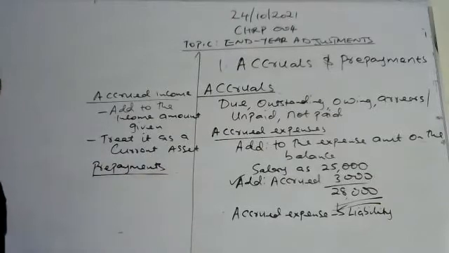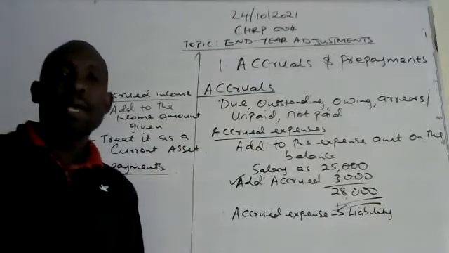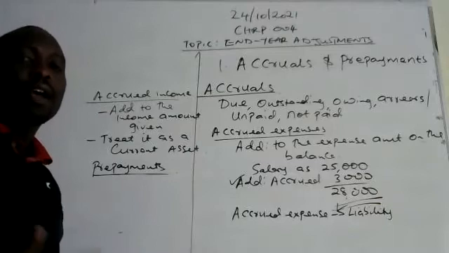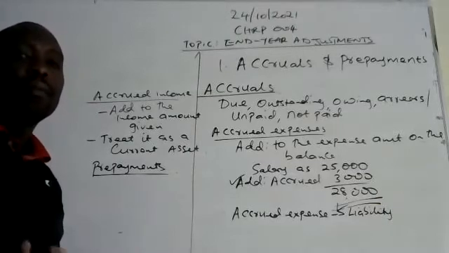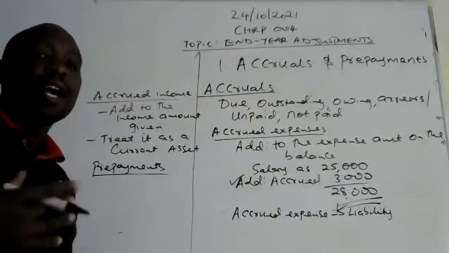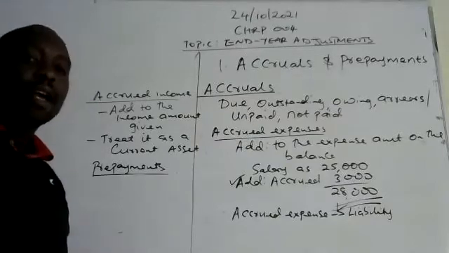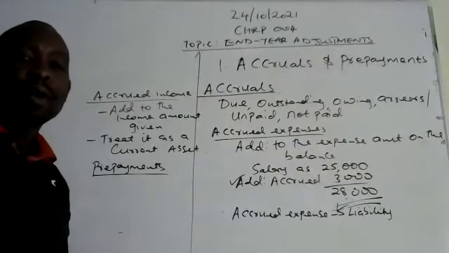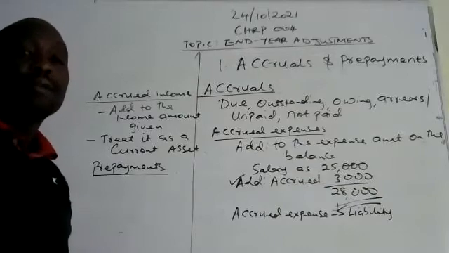A prepayment, it is an amount which has been paid upfront before the actual time for paying has come. So if, for example, you pay school fees and then you pay it in excess such that it has spilled over to the next semester. This semester, maybe you are supposed to pay 30,000, but you have paid 35,000.